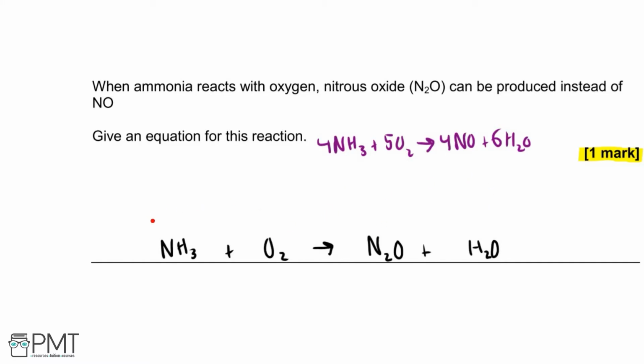So we're going to start by looking at our nitrogen atoms as they are the first in our reaction. So we have 1 nitrogen atom on this side, and looking at the other side we can see that we have 2 from our nitrous oxide. So we're going to jot down a 2 as a note that we're going to need 2 of that.